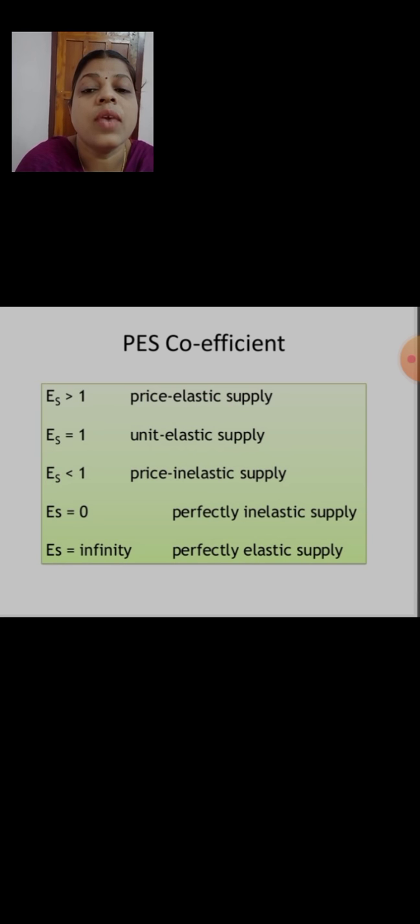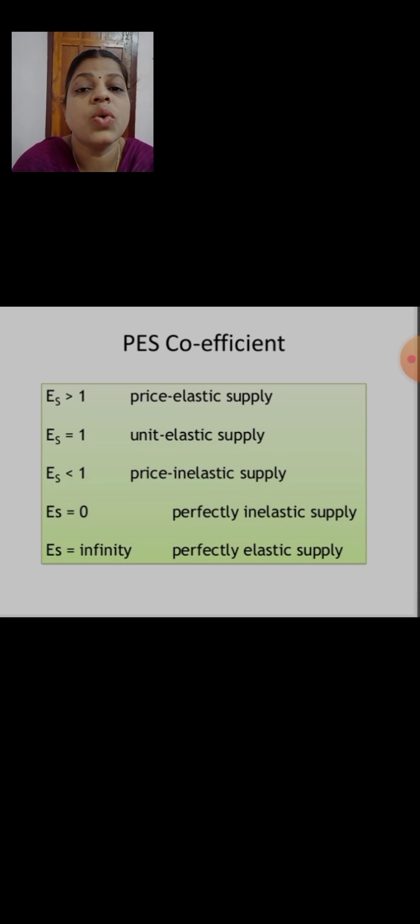Here the first one: ES, elasticity of supply, is greater than 1. It is the price elastic supply.